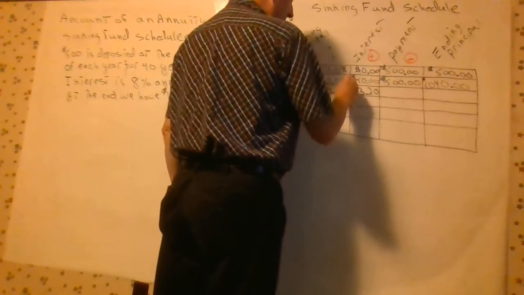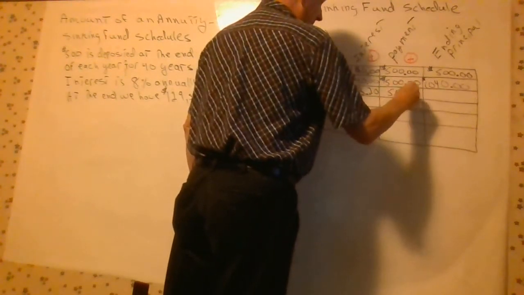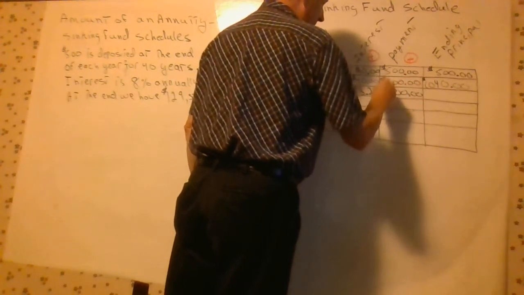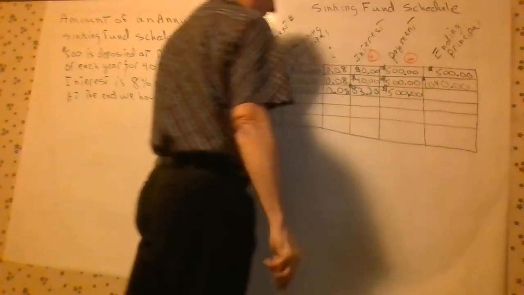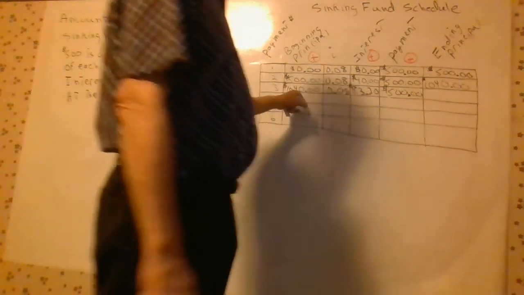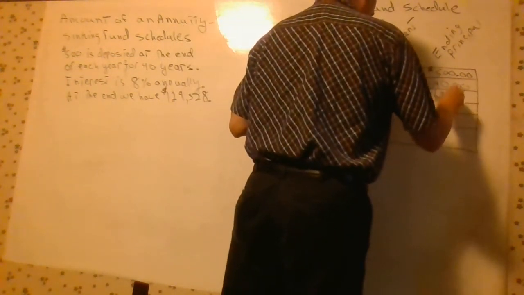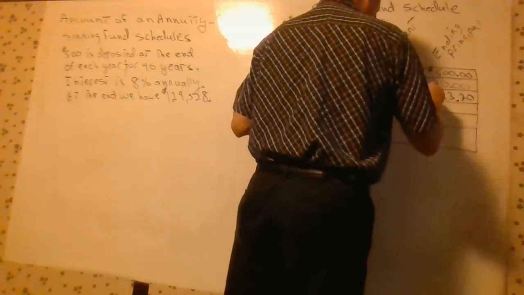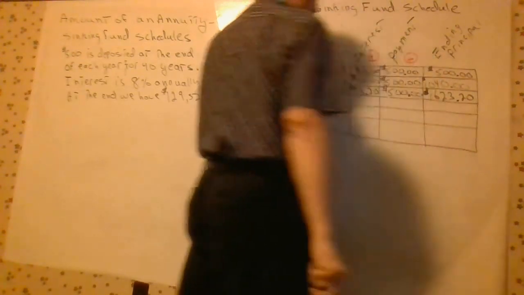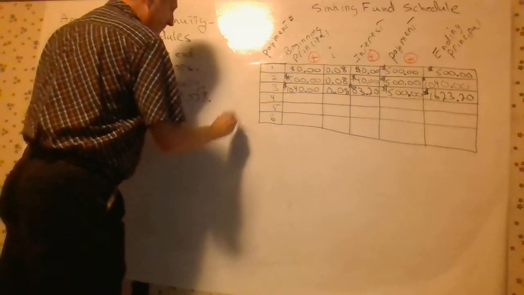And you can squeeze a dollar sign in there if you want. Payment of $500. Okay, now we have to add 500 plus 1,040 is 1,540, and 83.20 is 1,623.20. Okay, you can add that up.